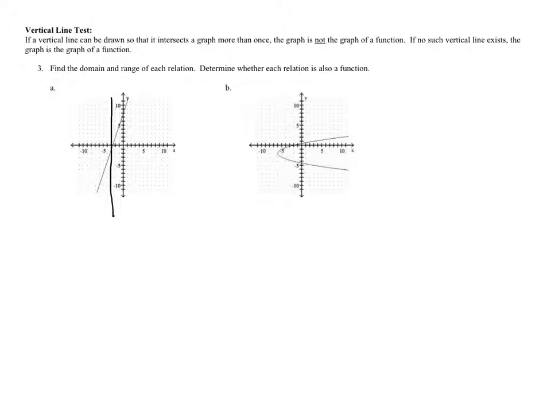In other words, there's no stacking going on here, so it's a function. The only lines that are not functions are actual vertical lines, because then they're stacked all the way down. In B here, I have stacking going on because this x value has two distinct y values. This is not a function.